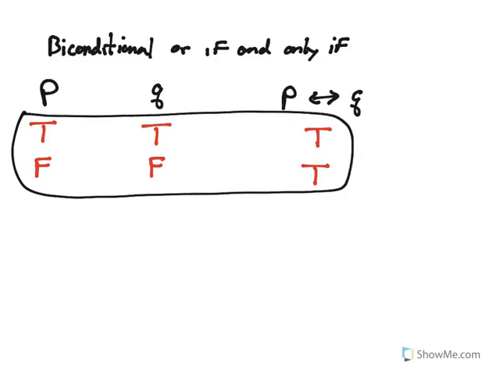The other combinations would be if you have one of them being true. Let's say you had a first true condition and the second condition is false, then that's going to yield a false biconditional result. And vice versa, if the first condition is false and the second is true, you're still going to get a false third result.